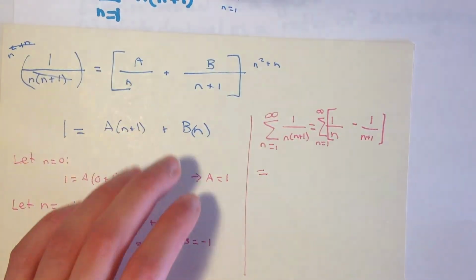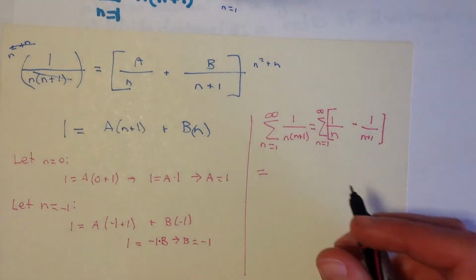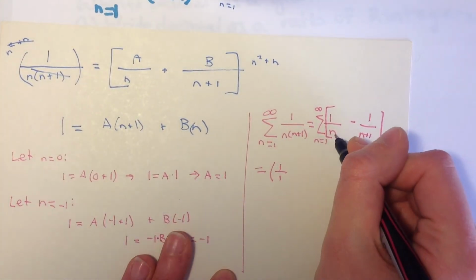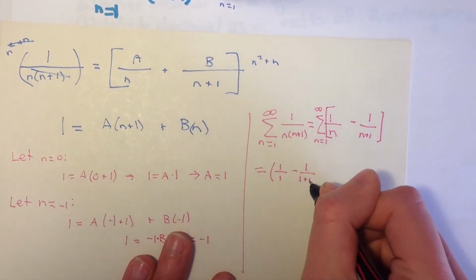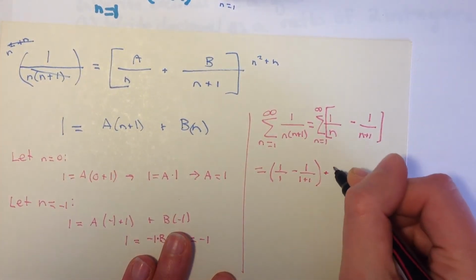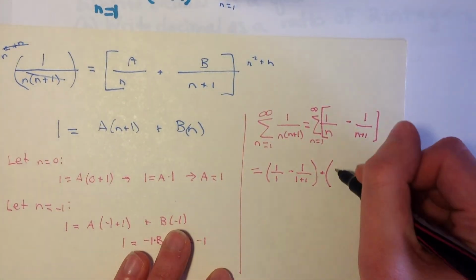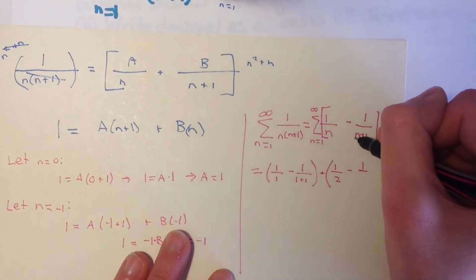So n equals 1, that's our starting point. When n equals 1, that first term is going to be 1 over 1, since n is 1, minus 1 over 1 plus 1. The second term is going to be when n is equal to 2. So I'm going to do 1 over 2 minus 1 divided by 2 plus 1.